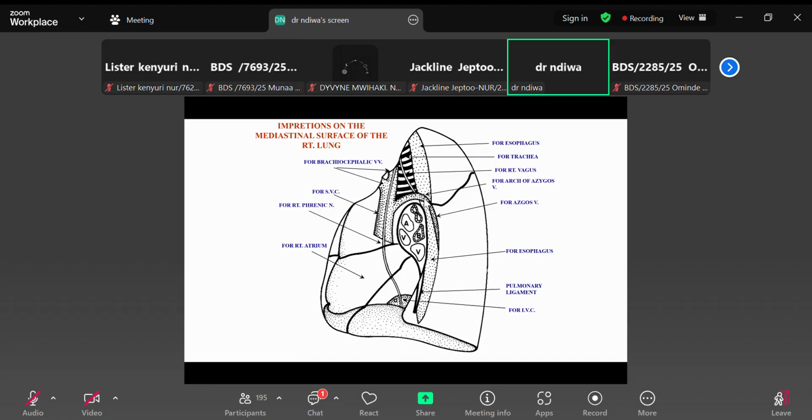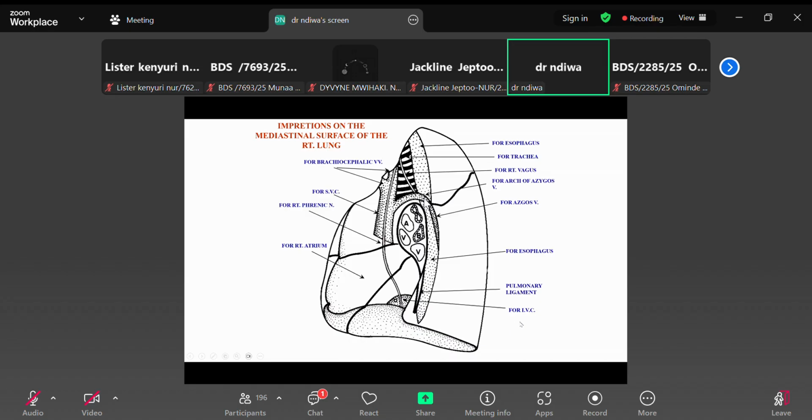On the right side, as I said, the right lung is usually associated with the veins. So you'll have the place for the brachiocephalic veins, superior vena cava, right phrenic nerve, and the place for the right atrium.